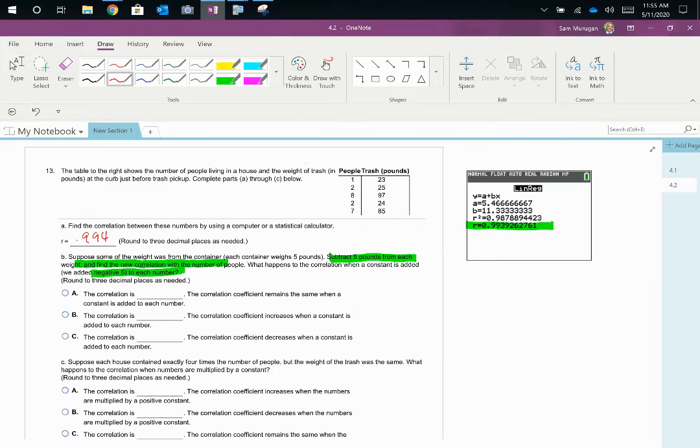Okay, it will still be 0.994, because the correlation coefficient remains the same when a constant is added to it. So where is that answer? C, 0.994. Sorry, that's A. Yeah, A.